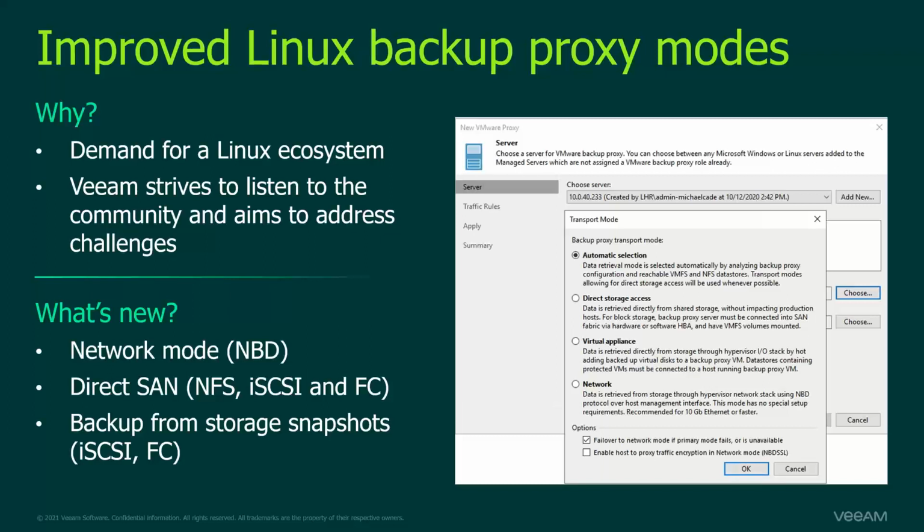So now you have a very similar list of options compared to our Windows proxies, with the same or in some cases better performance. Overall, it's beneficial when it comes to saving on licensing costs for your customers, Cloud Connect replication target proxies, as well as other scenarios, let's say when you have dedicated proxies and you don't want to spend more on licensing.